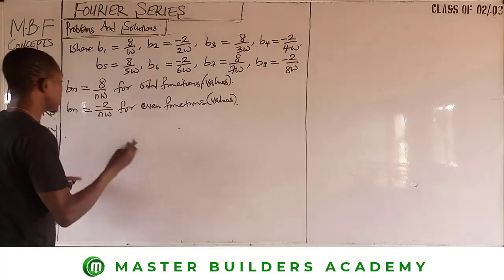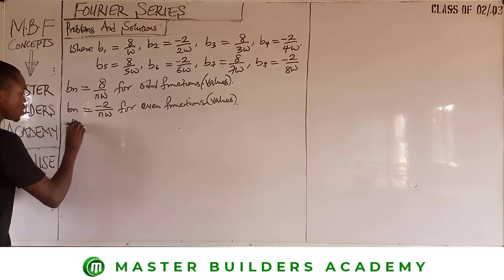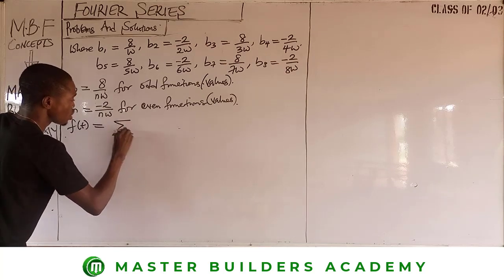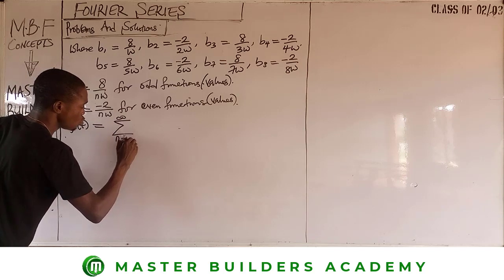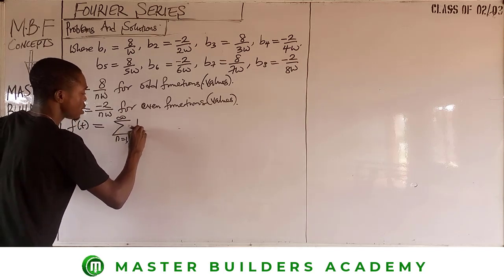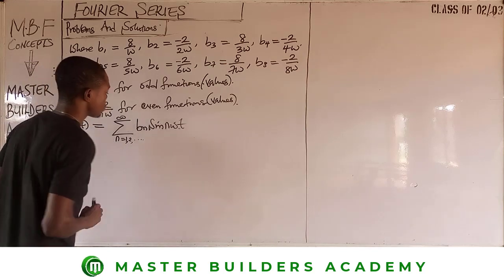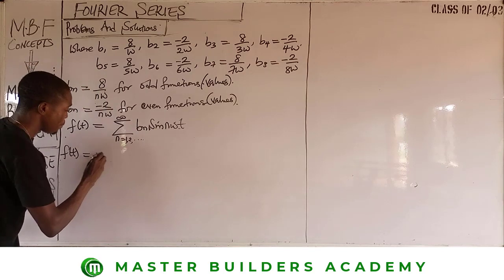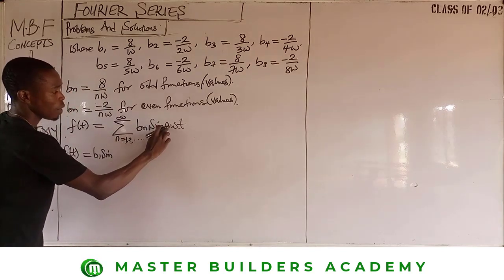And then we stated, after identifying that this was an odd function, that f of t equals the summation of n from 1 to infinity of b_n sine n omega t. So my f of t now, substituting for this, will give us b1 sine, where n is 1.